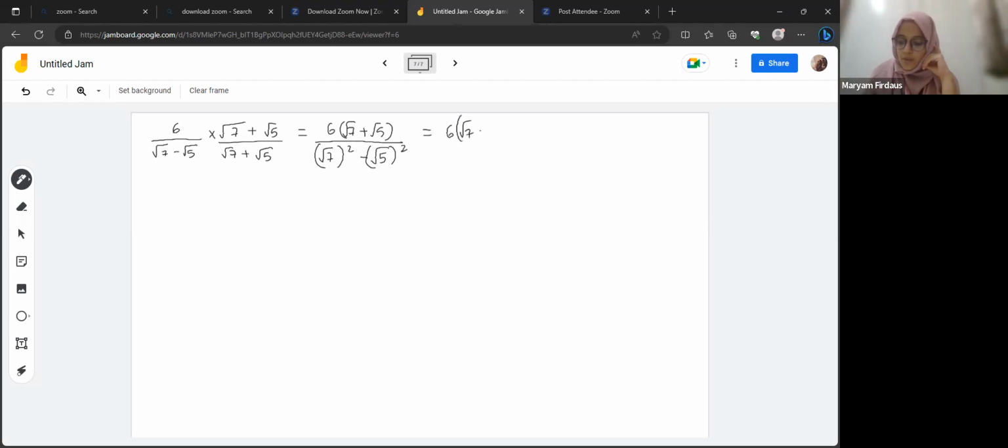I'm just writing step by step so that if anyone has any doubt, you can look at these steps, okay? Divided by 2. Then we will cut the 2 and 6. So 3 root 7 plus 3 root 5 will be the final answer.